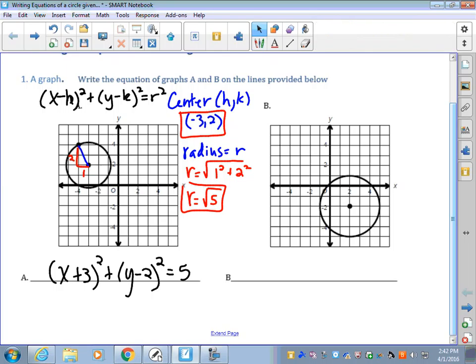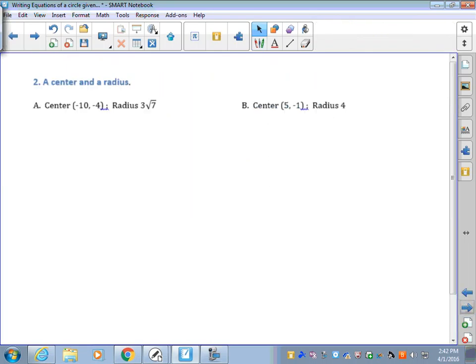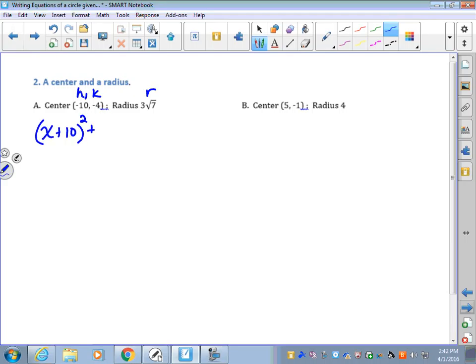So you have the second one. The next set, again, you are given the center, basically your h and your k, you're given your radius, your r, we're just plugging it in. So this would just be (x plus 10) squared plus (y plus 4) squared is equal to our radius squared, which is (3 square root of 7) squared.